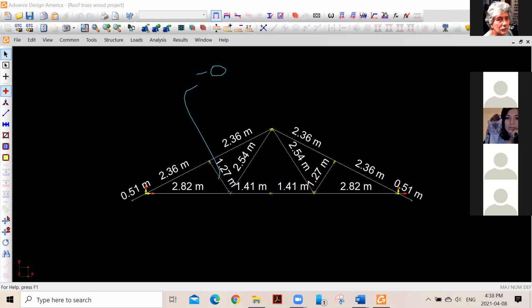If you look at this member in compression, unfortunately, there's no sheeting, there's nothing. So you're going to have to calculate Pr using the equation, and check the Pr for a length of 2.7 meters to see if it's greater than the value that you have from ADA. I'm sure it's going to be, but that's what I want to see.